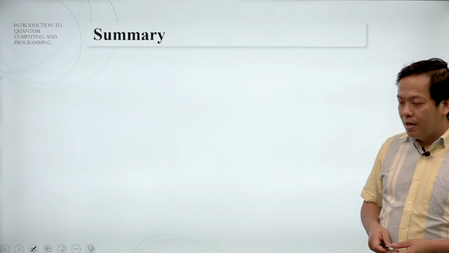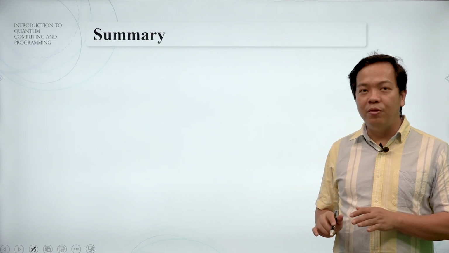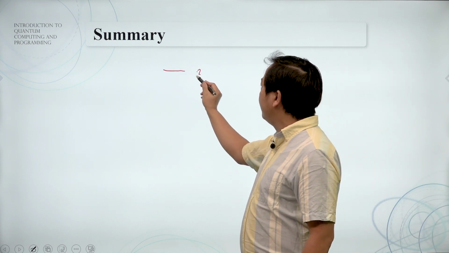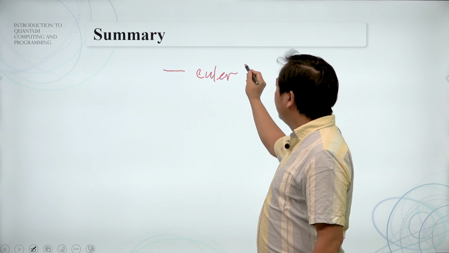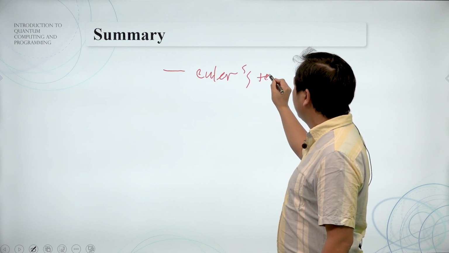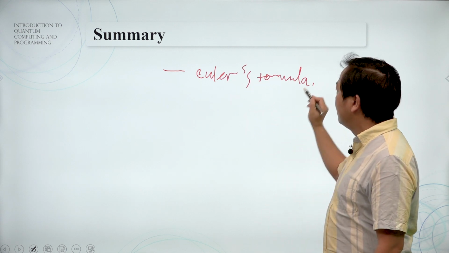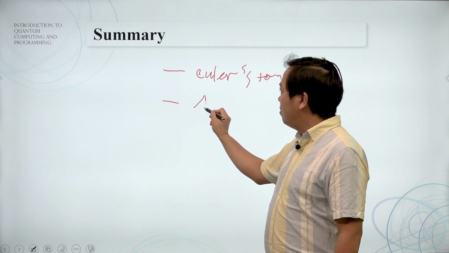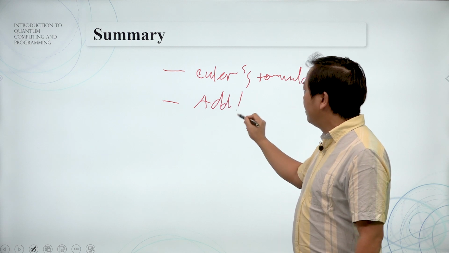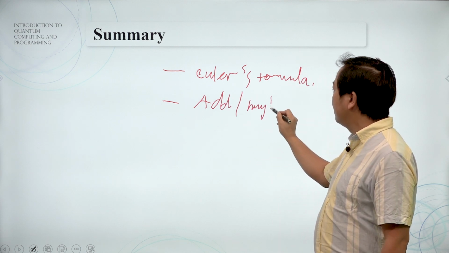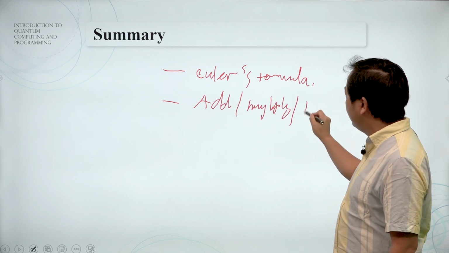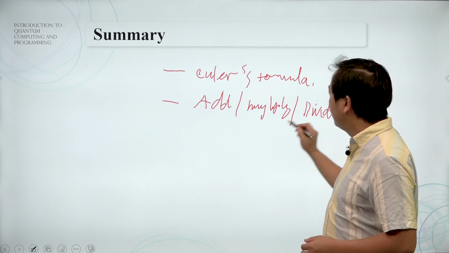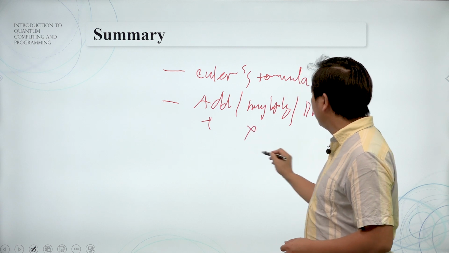Okay, in this lesson I introduced three points. The first is the Euler formula. Then I introduced how to add, how to multiply, and how to divide using the Euler formula.